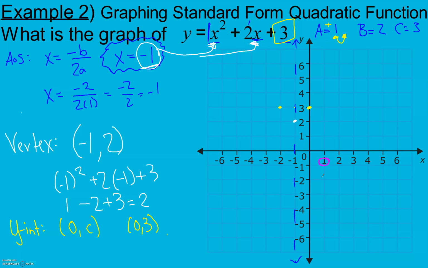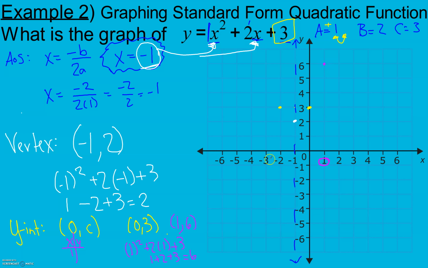And 1's easy to calculate. So here it's just like if we had a table of values. We pick an x value, find our y. I'm going to substitute it in. So my point's going to be 1. Plug it in for x. 1 squared plus 2 times 1 plus 3. And I get 6. So at (1, 6), I have a point here as well.